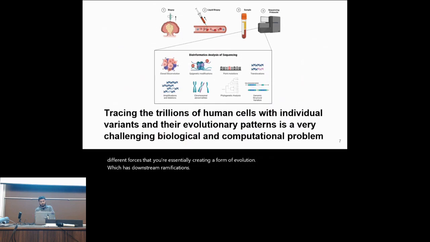So one point I want to emphasize in our study of somatic evolution is that it's a very challenging problem to trace the evolution of a cell population throughout the body, as you can imagine, because the cell patterns are present at very small frequencies.